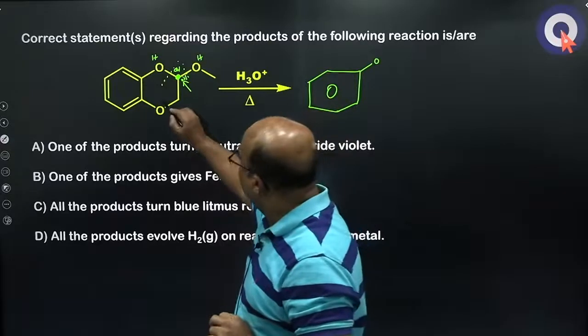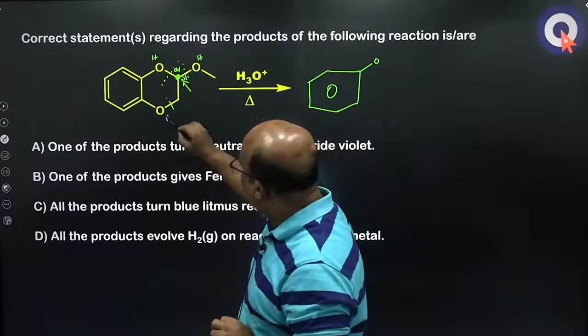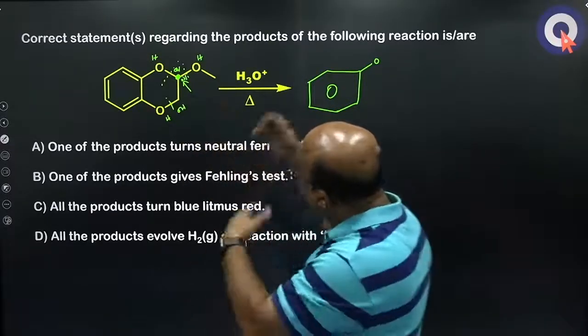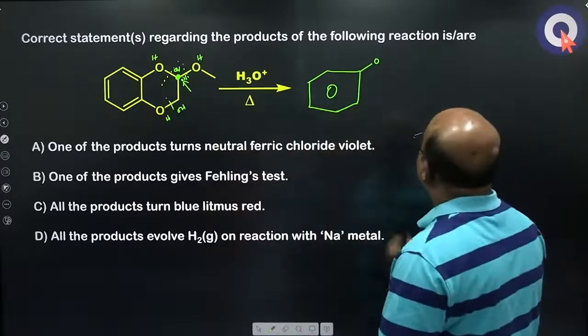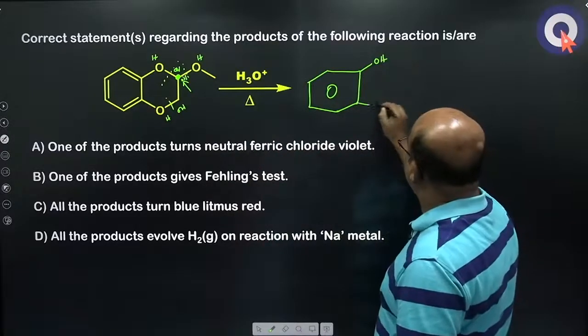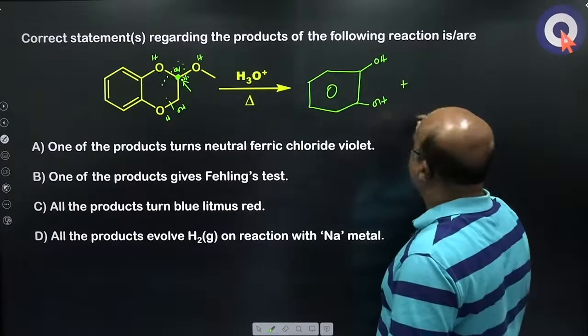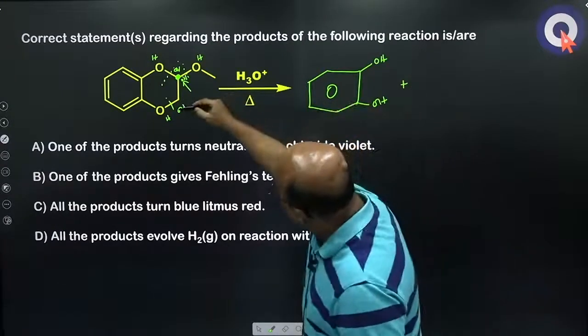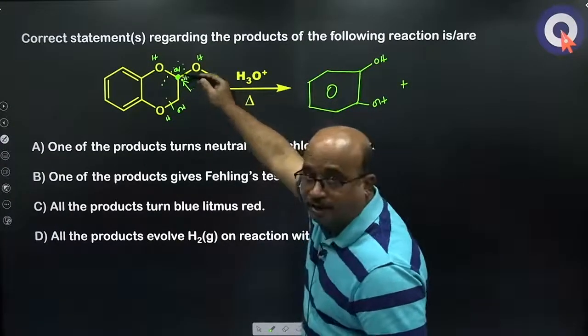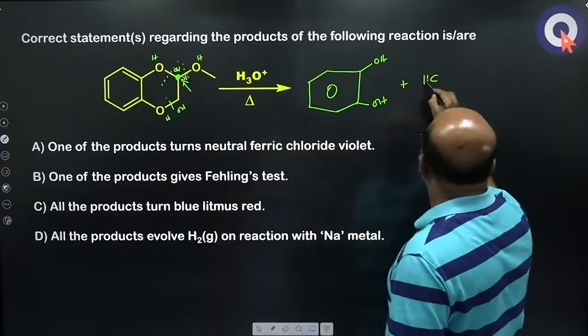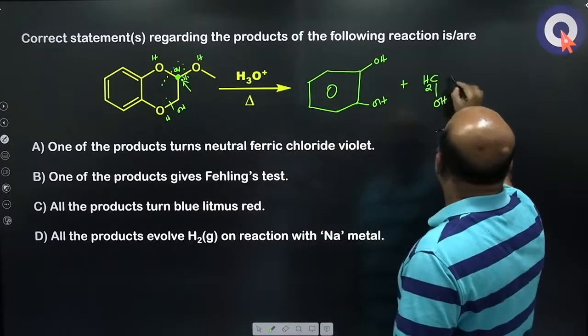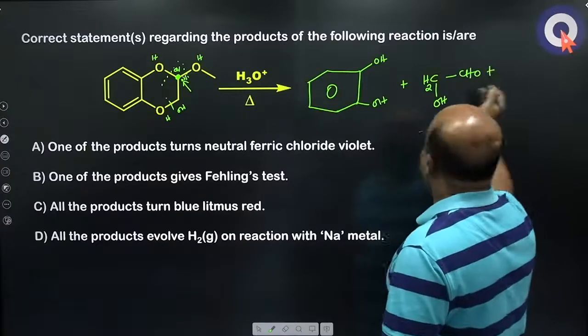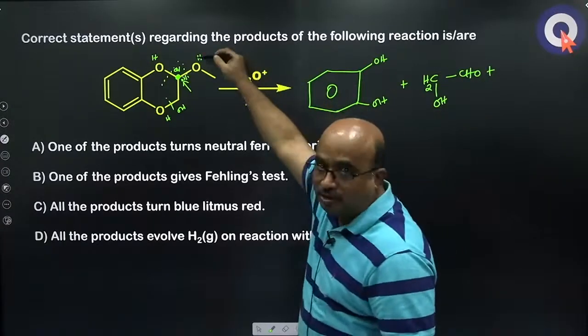Here you can cleave, so you will get H and OH. So finally we are getting OH here, plus CH2OH and CHO, plus this part is nothing but CH3OH.